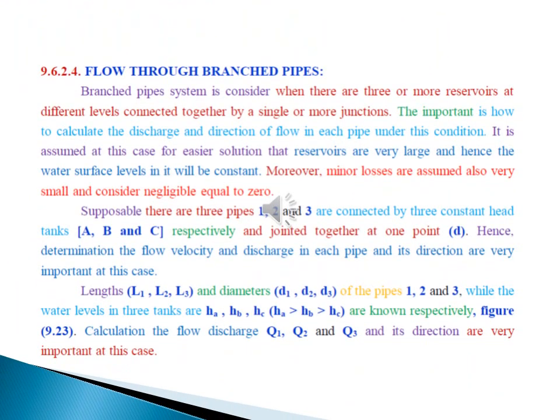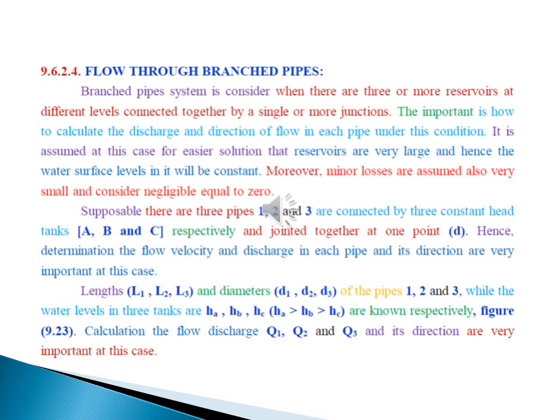Flow through branched pipes. A branched pipe system is considered when there are three or more reservoirs at different levels connected together by a single junction or more. The important point is how to calculate the discharge and direction of flow in each pipe under these conditions.